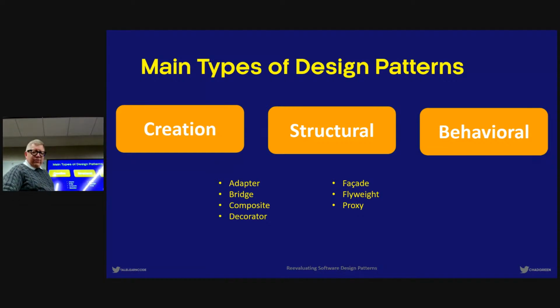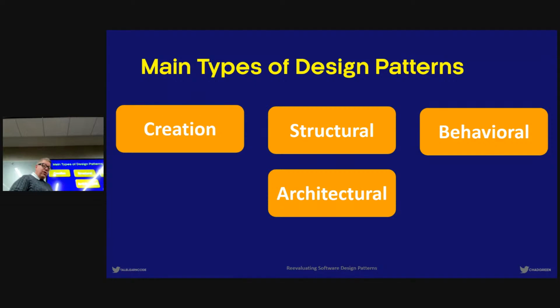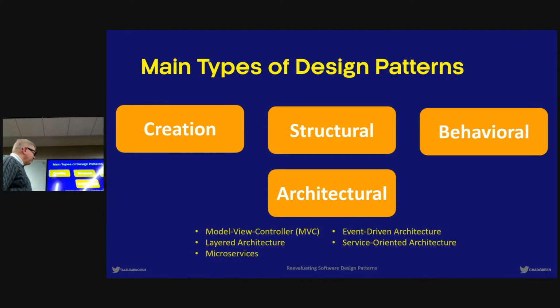But there are others that we should be thinking about, right? There are architectural patterns, right? So, earlier I was asked what am I working on? I said, well, I'm doing event-driven serverless microservices. Those are architectural patterns, right? They're not design patterns, they're defined for a bigger area, right? So a lot of things you'll see here, like your model view controllers, right?